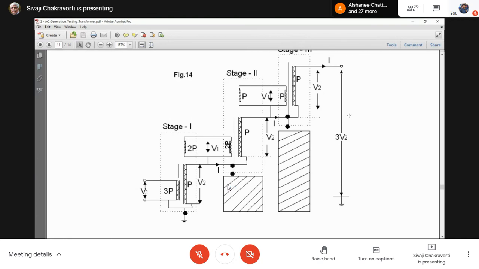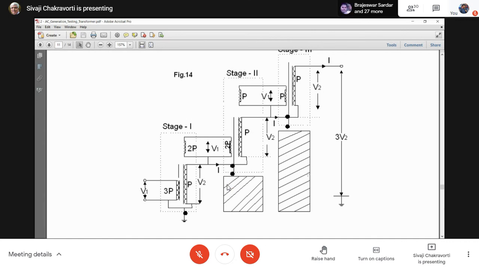So the primary of the third transformer will be P. And this primary gets its power from the tertiary of stage 2. So the tertiary of stage 2 will have a KVA rating of P.